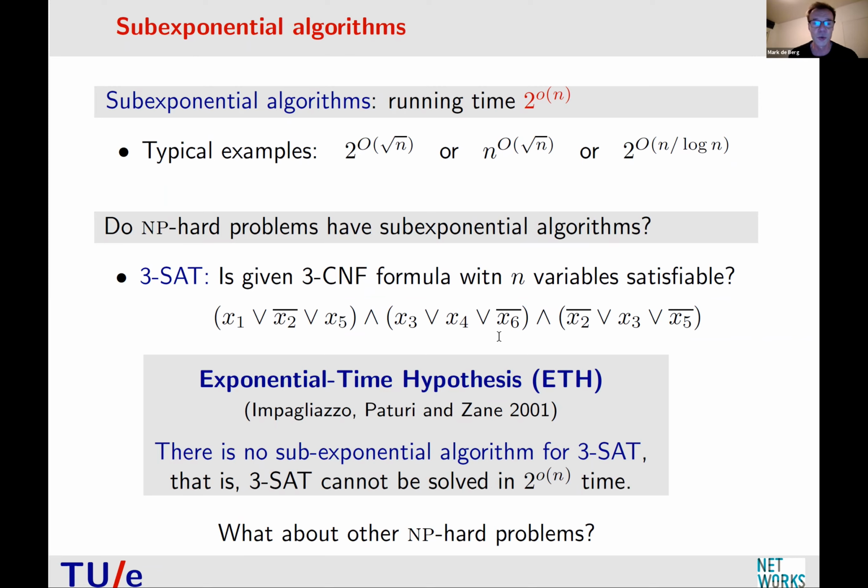There's also a version called the strong exponential time hypothesis, where maybe a few more people believe that it may not be true. But anyway, this exponential time hypothesis is an established hypothesis that I guess most people believe. So under this hypothesis, for 3-SAT, there's not much we can do. There's no sub-exponential algorithm. So let's look a bit at some other problems.